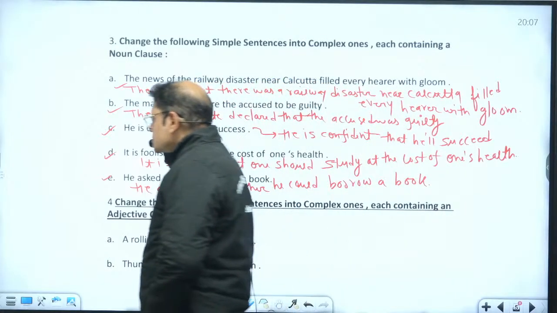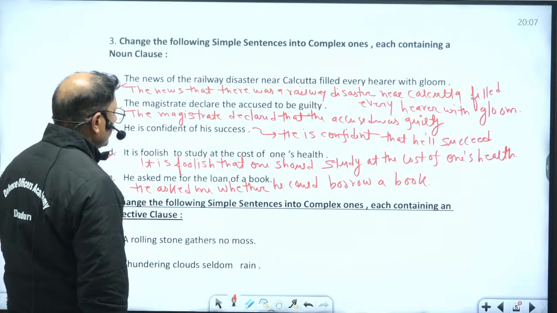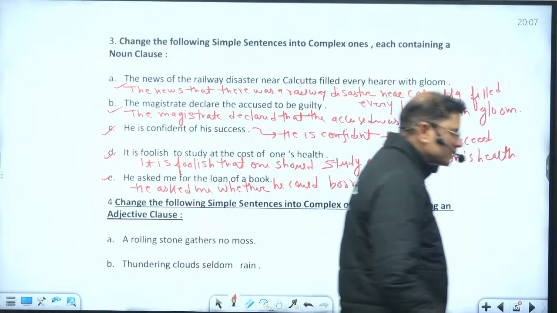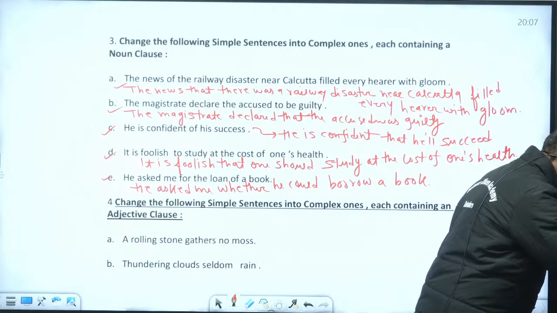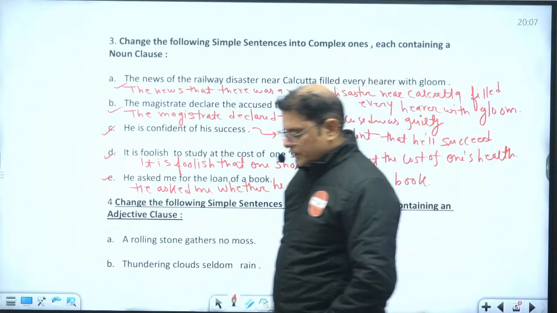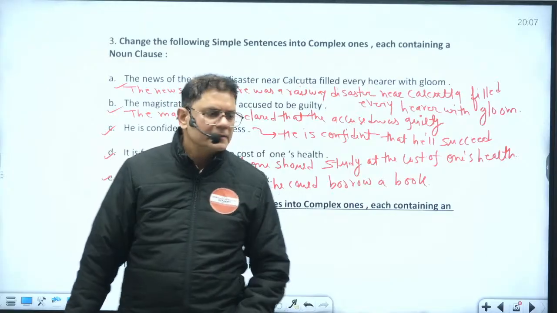If you would like to do exercise number 4, you can tell me. I can wait and we can do if you would like. Very good, Pratim. You've been very sincere, I think.